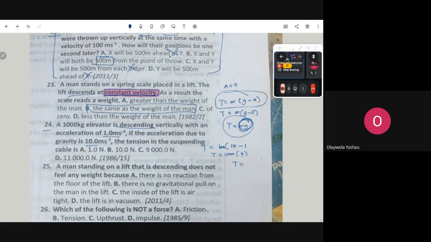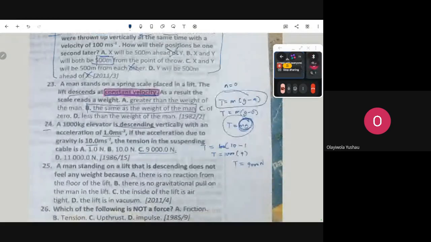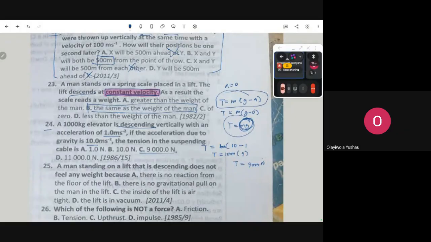T is equal to 9,000 Newton. Do you get it? Option C.